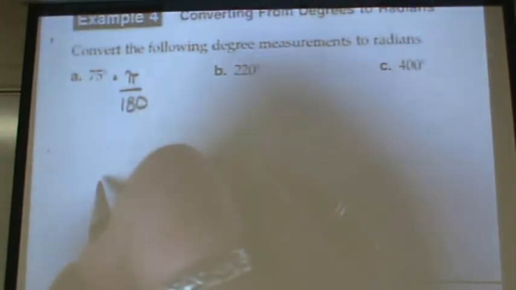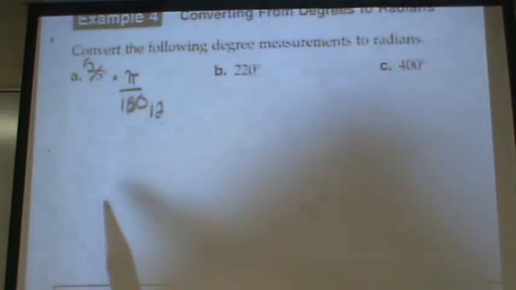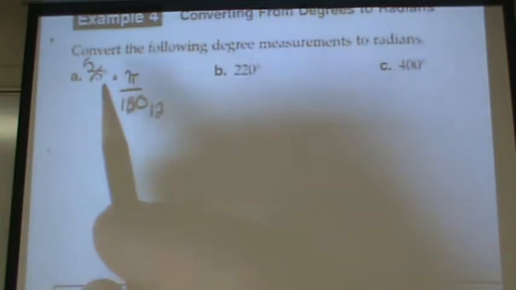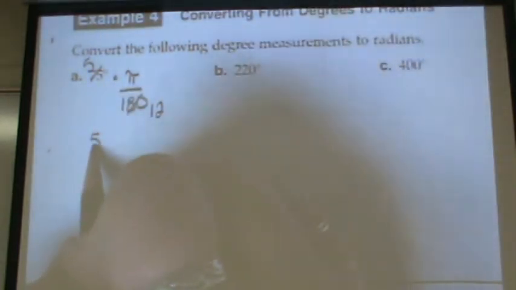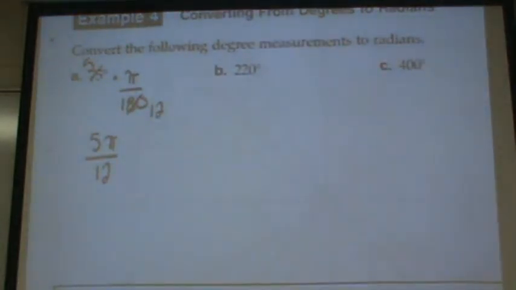So when we multiply through, we can simplify this, dividing by 15. So you're going to get 5 pi over 12 as your radian measurement.